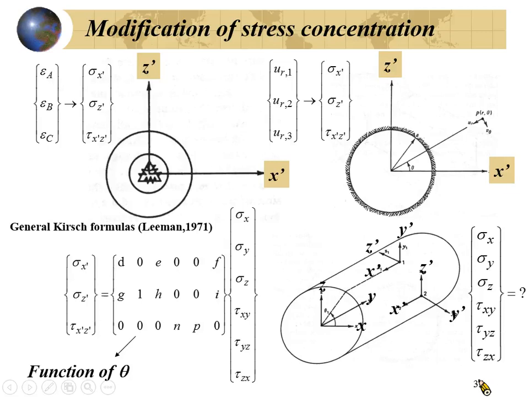So at any single point, you will have this matrix, because this is solely related to theta. Okay? So using this as an example, theta equals 0, and you will have a relation. And theta equals 90, you will have another relation.